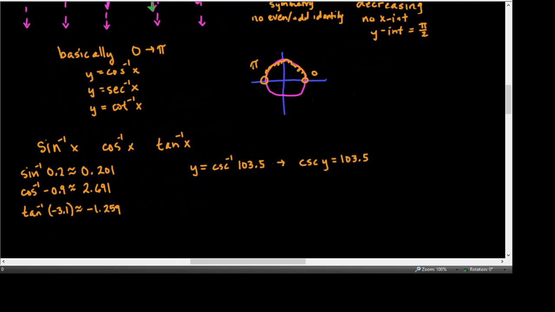Then, knowing that we only have sine and cosine and tangent on the calculator, I'm going to rewrite that as cosecant is the same thing as 1 over sine of y. Then I'm going to take the reciprocal of both sides of that equation.